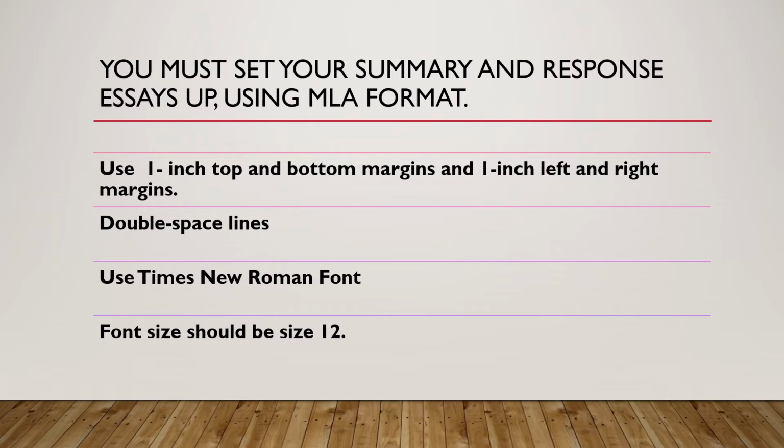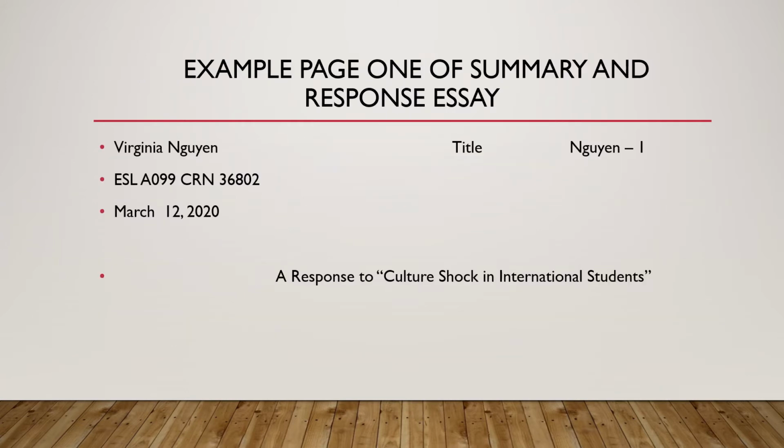You can go to this website to set up your paper in MLA format, which is owl.purdue.edu, Purdue OWL Research and Citation, MLA Style Formatting and Style Guide, MLA General Format. I know it's kind of a long link, but this Purdue OWL website includes videos you can watch on using MLA format in your essays.